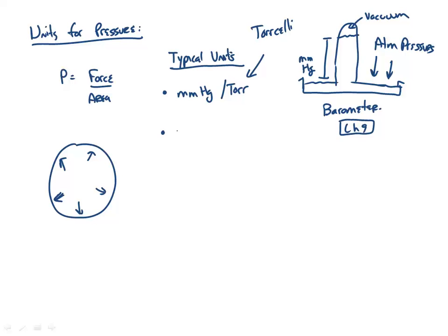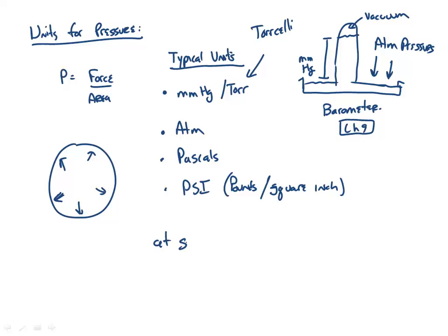The other thing you sometimes hear it measured in is terms of atmospheres, pascals, or for instance even PSI, which is just pounds per square inch. And essentially at sea level, to give you guys an idea, it's about 760 millimeters of mercury.